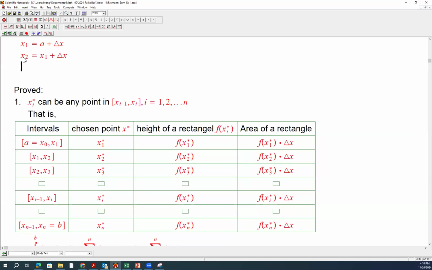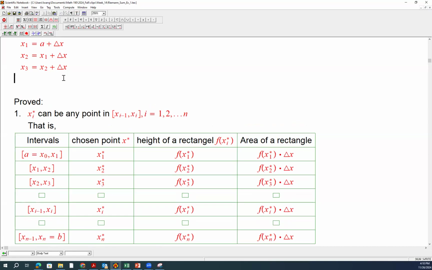So x sub 3 is x sub 2 plus delta x, and so on and so forth.